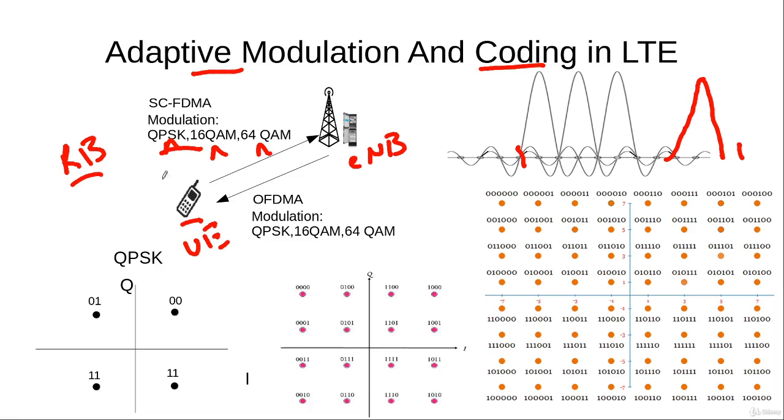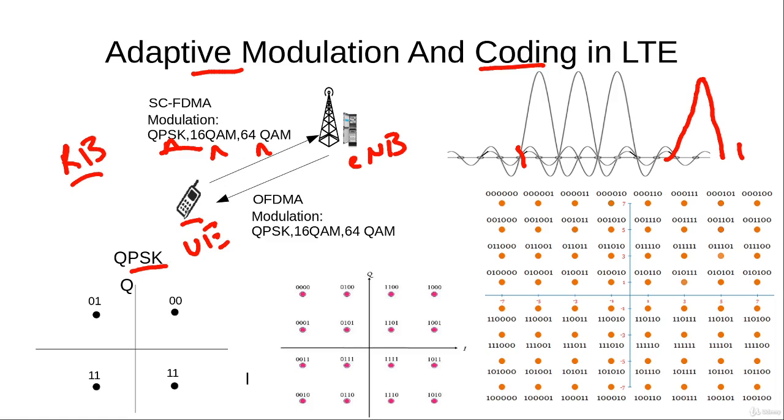Now suppose this user equipment is away from the E node B, then most likely the channel conditions between the user equipment and the E node B are bad, and the user equipment is getting feedback about the channel conditions from the E node B. So in bad channel conditions, the QPSK modulation scheme performs better and it produces fewer errors.